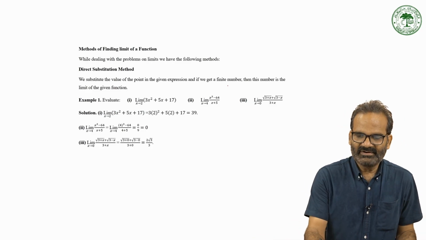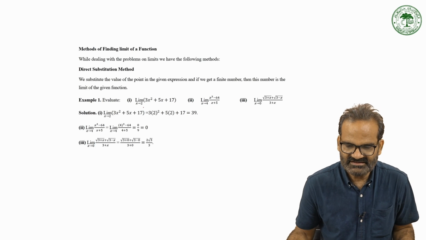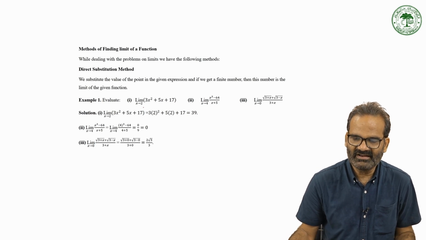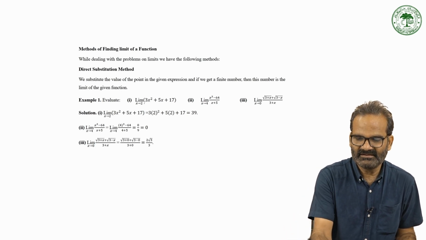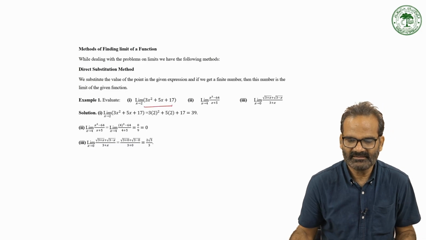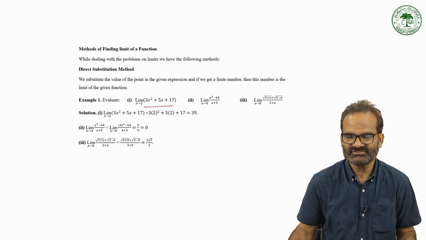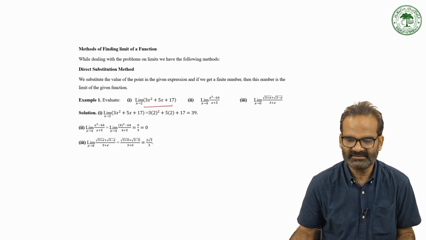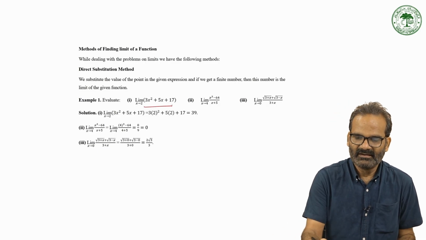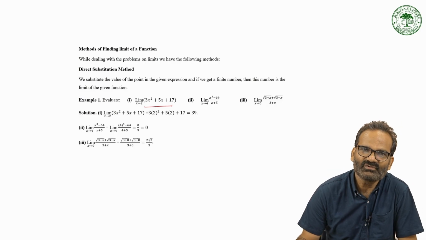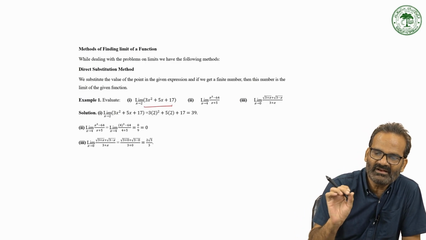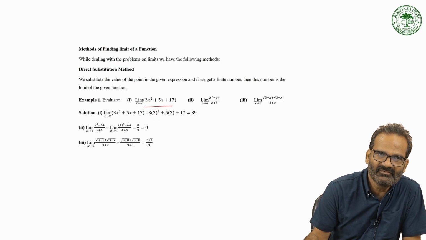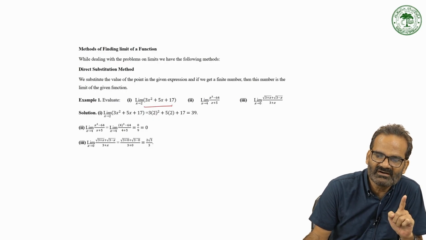For example, evaluate the limit of this function: limit x tends to 2 of 3x square plus 5x plus 17. This is question number 1. I have taken 3 different questions to make things clear on how we can use the direct substitution method. So here x is approaching 2. That is, what is the value of the function 3x square plus 5x plus 17 as x approaches 2? This is what we want to calculate.